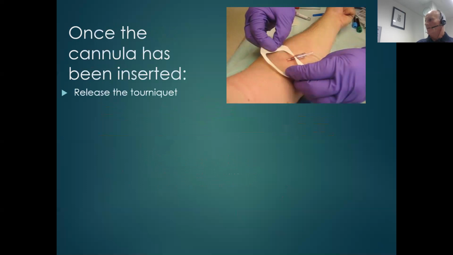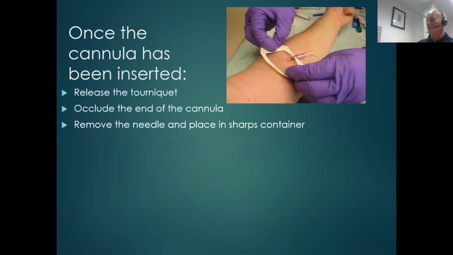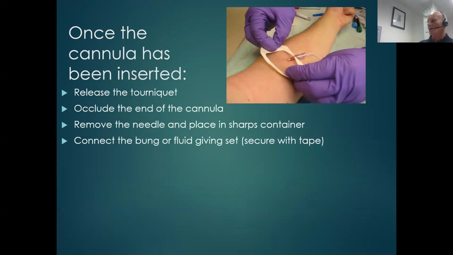Okay, so once the cannula has been inserted, we want to release the tourniquet. Occlude the end of the cannula, remove the needle and place it in the sharps container straight away. Connect the bung or fluid giving set. We will always put a bung on with our pracs at the college.